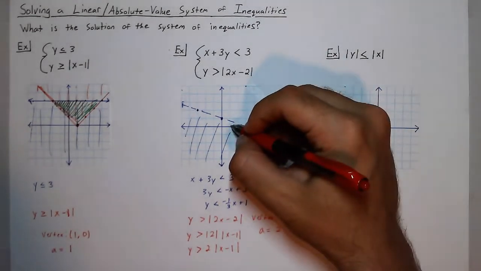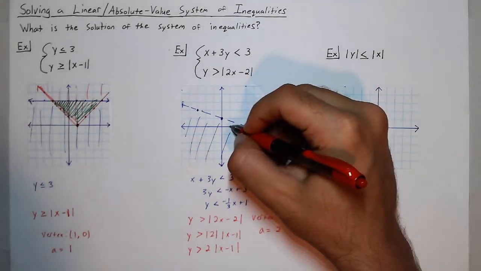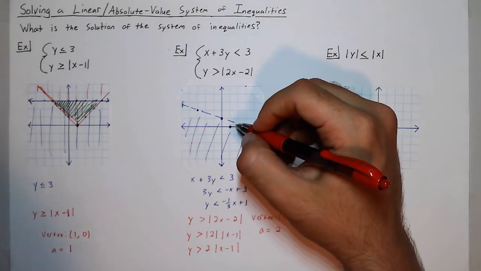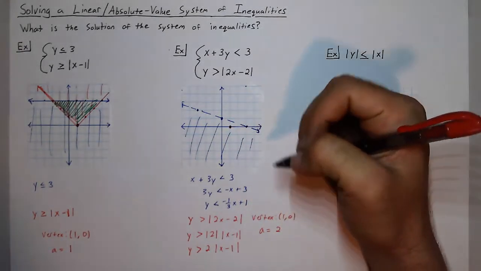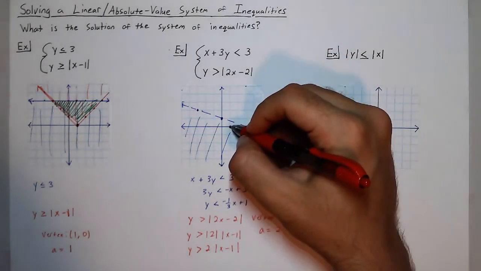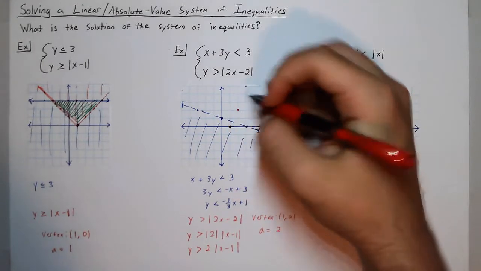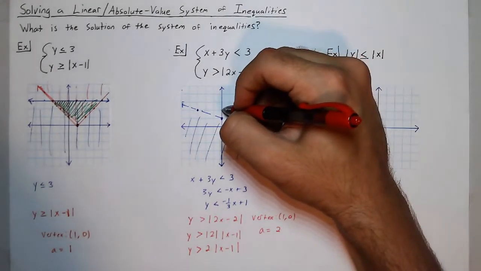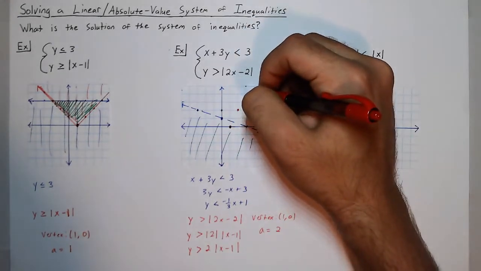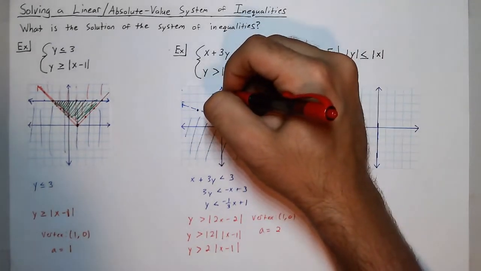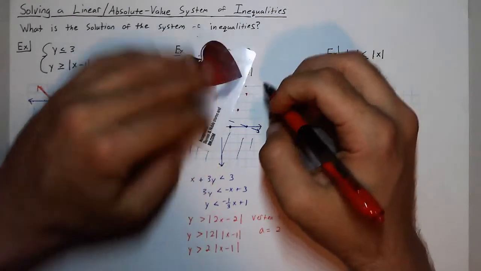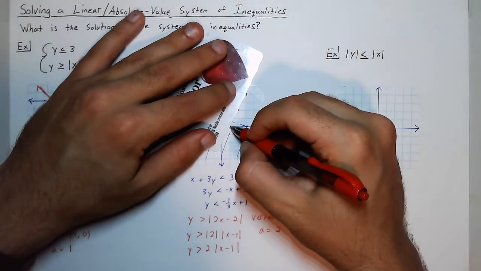So 1, 0. And then a slope of 2, so up 2 over 1, up 2 back 1, to create that V shape. And in this particular case, we'll actually have a very small solution set.